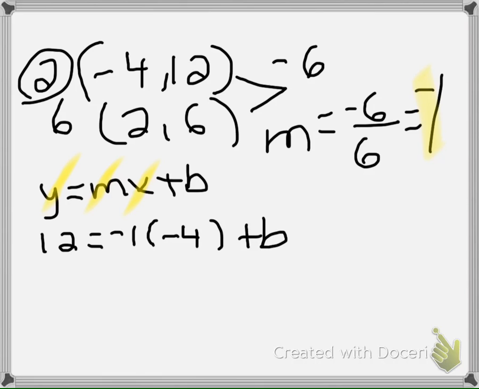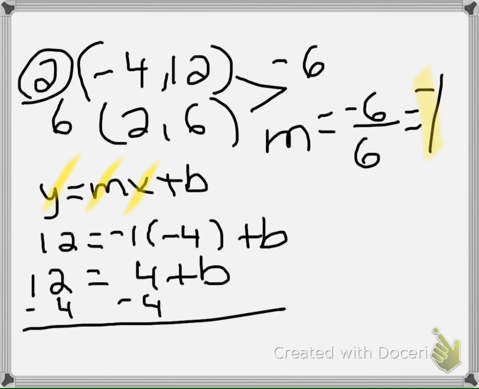Okay, what does this mean? It means to multiply. So now I simplify this by going 12 equals 4 plus b. Subtract 4, subtract 4. b equals 8.